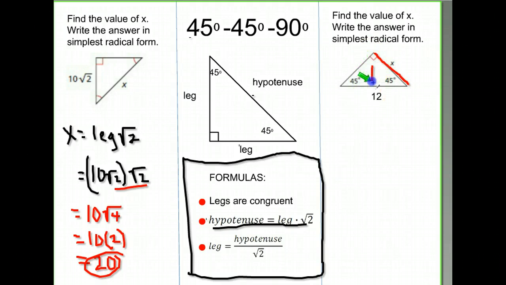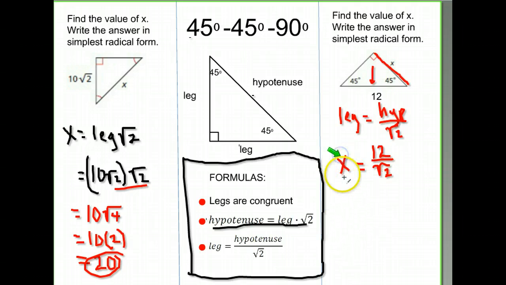The hypotenuse is across from the right angle. So I'm trying to find one of the legs. And we look and it says, well, the leg is the hypotenuse divided by the square root of 2. Okay, so if I substitute what I know, my leg x is the hypotenuse of 12 divided by the square root of 2.